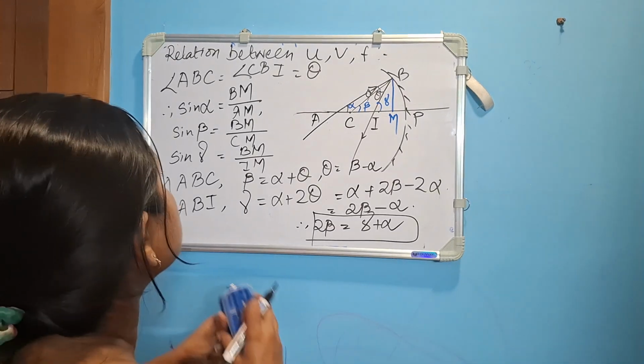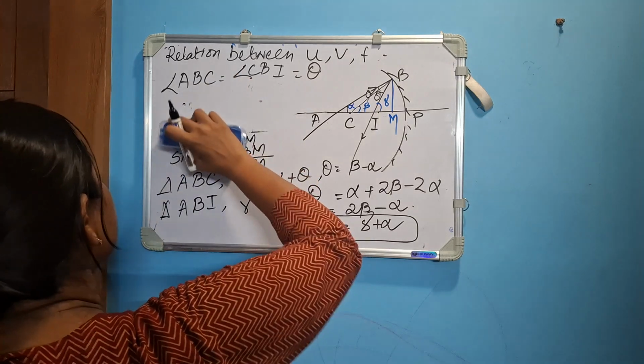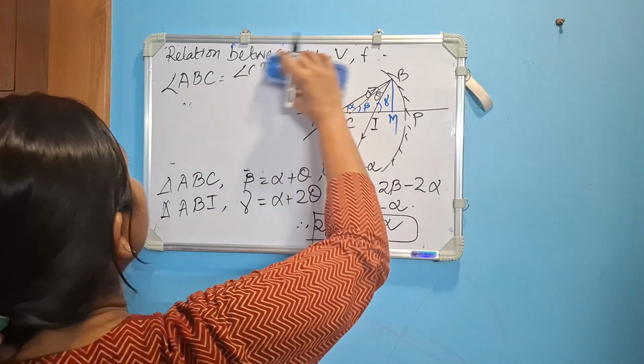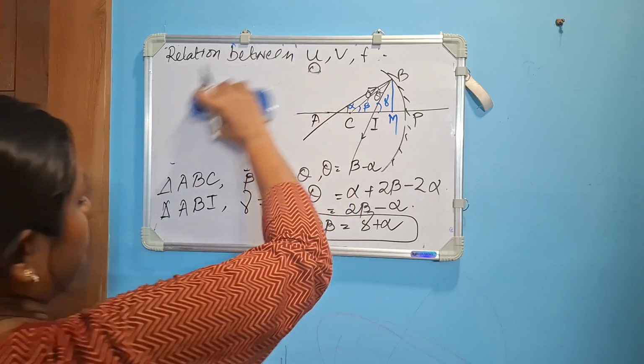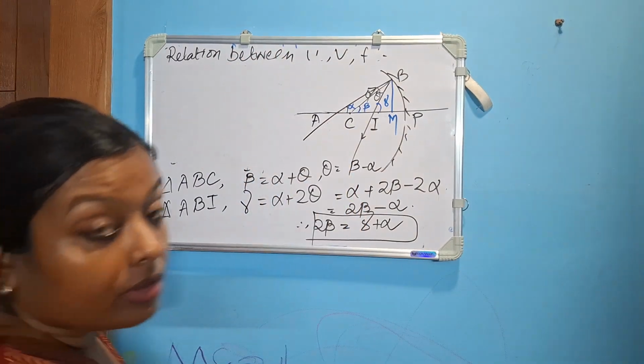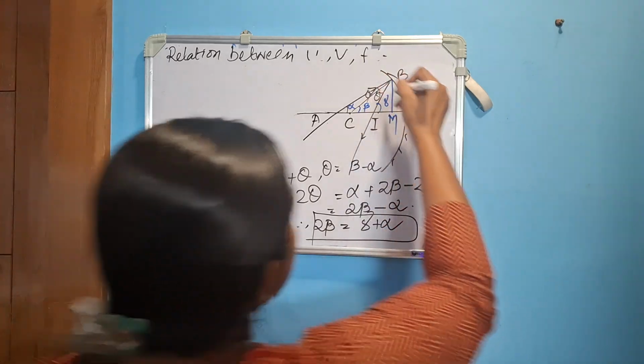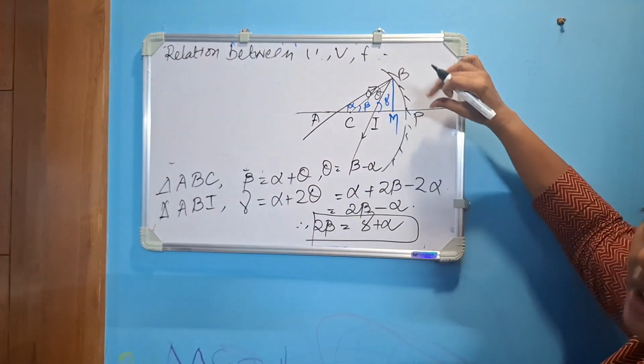Now again the same consideration is coming, that is for the paraxial rays. For the paraxial rays, these B and P are very close to each other.